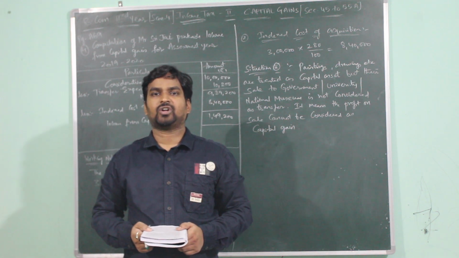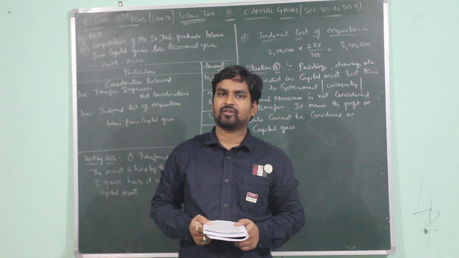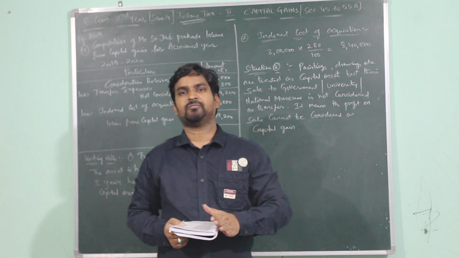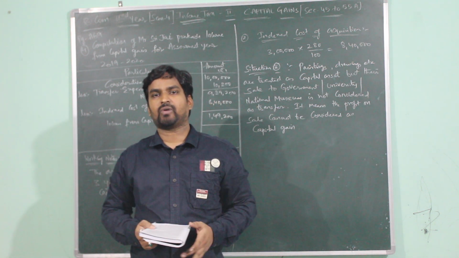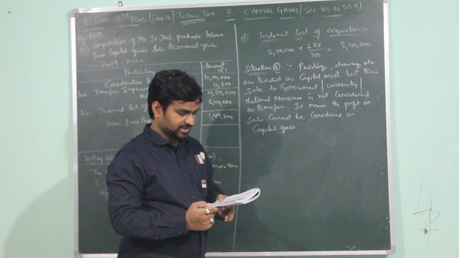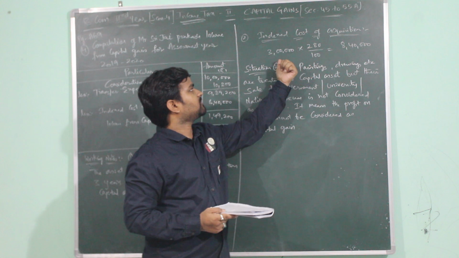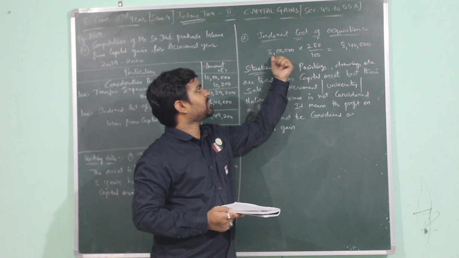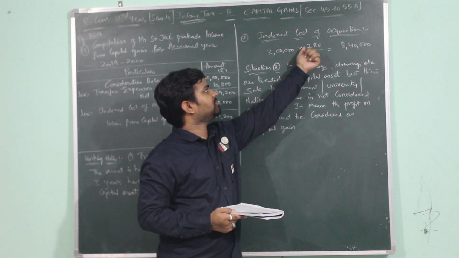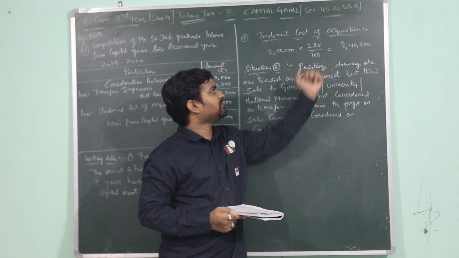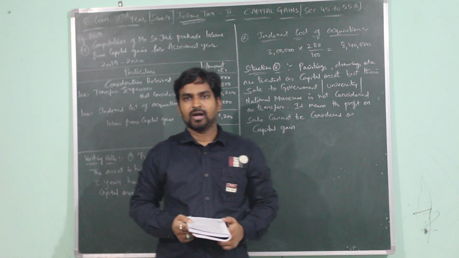But as the question has not specified anything about the fair market value of the asset, the cost of acquisition will be taken as the price paid to acquire the asset, which is given as rupees 3 lakhs in the question. So calculating indexed cost of acquisition, the formula is cost of acquisition, which is the price paid to acquire the asset, 3 lakhs, into previous year index 280, divided by index of the year in which the asset was purchased.